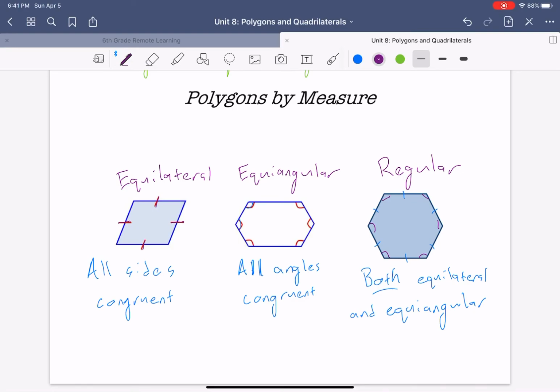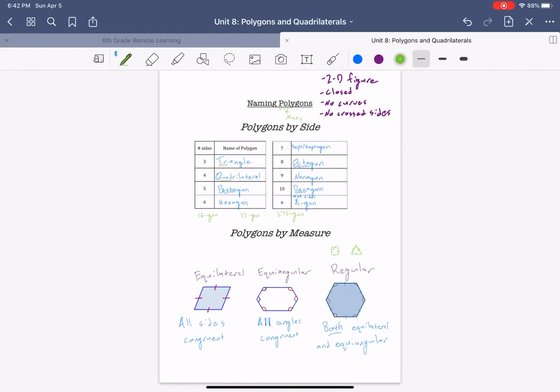So some examples that you know really well would be a square is a regular quadrilateral. An equilateral triangle, while we call it equilateral, it technically is regular. Okay, so those are some really basic examples, and then this is an example of a regular hexagon. Okay, so those are the two different ways that we can name polygons.